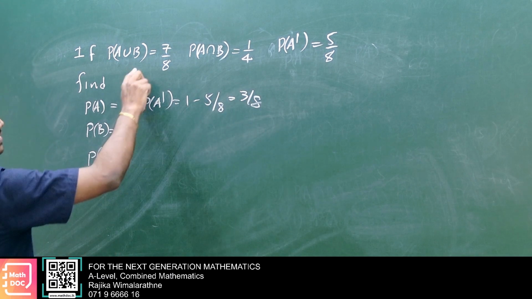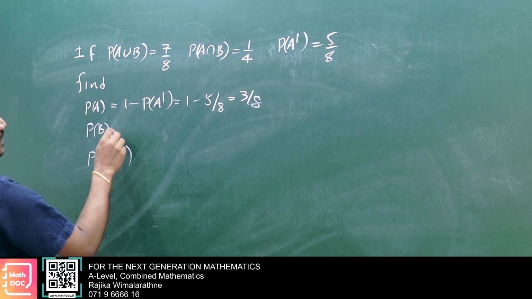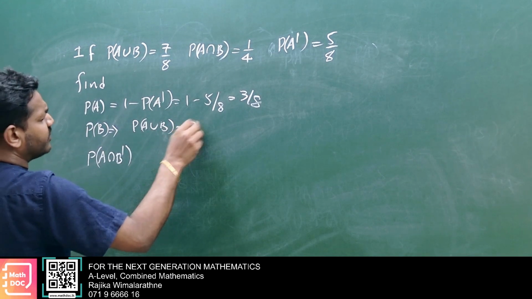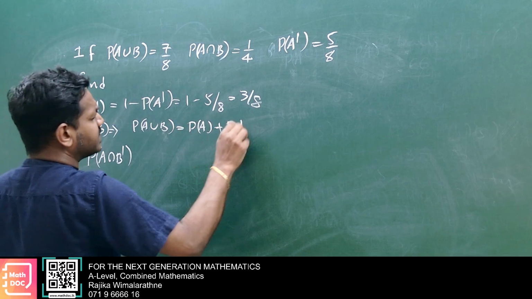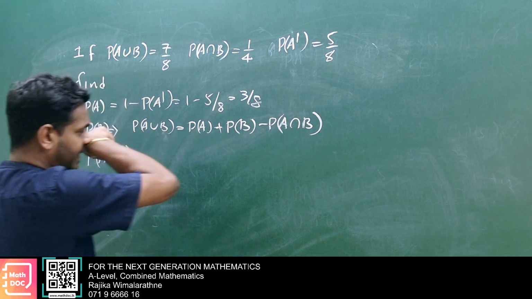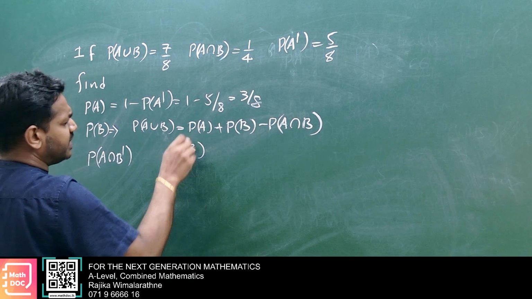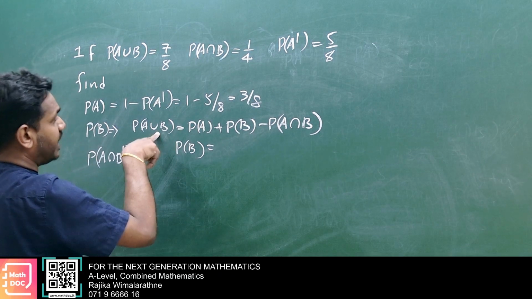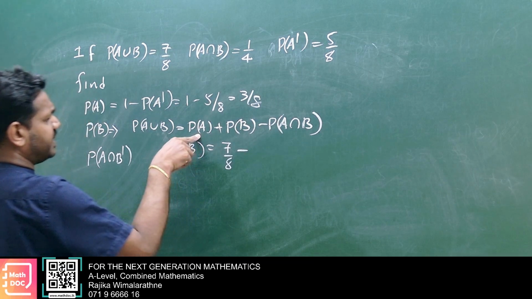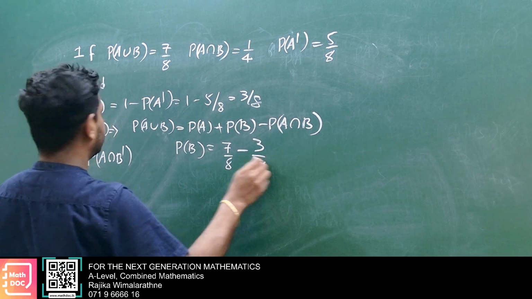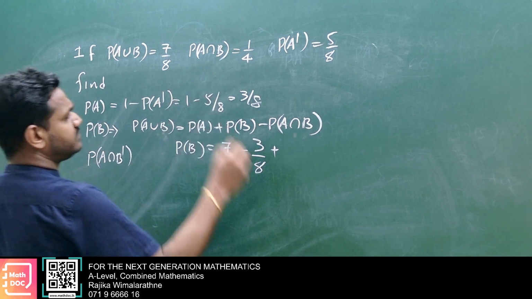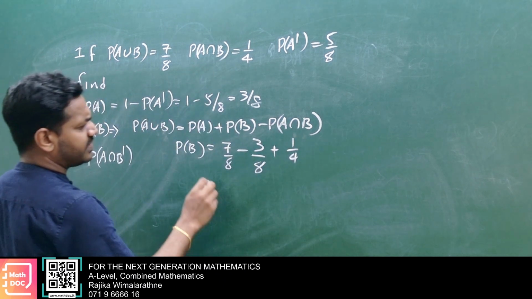Here P(B): P(A union B) equals P(A) plus P(B) minus P(A intersection B). By this you find P(B). P(B) equals P(A union B) 7 over 8 minus P(A) 3 over 8, then plus P(A intersection B) 1/4, no?